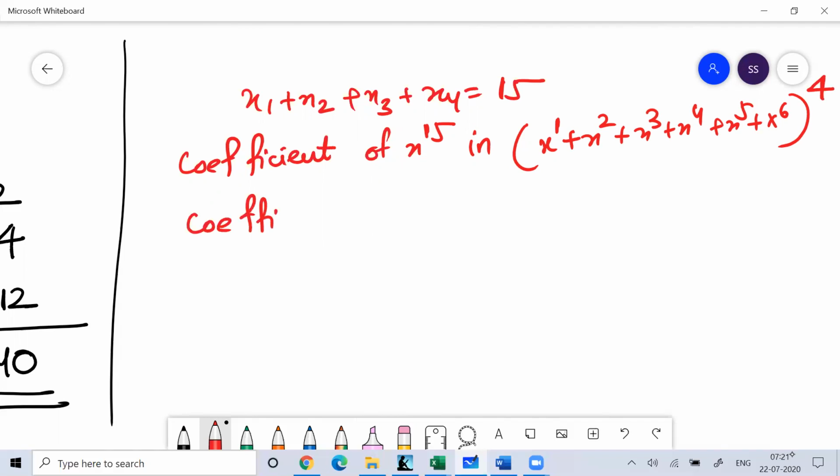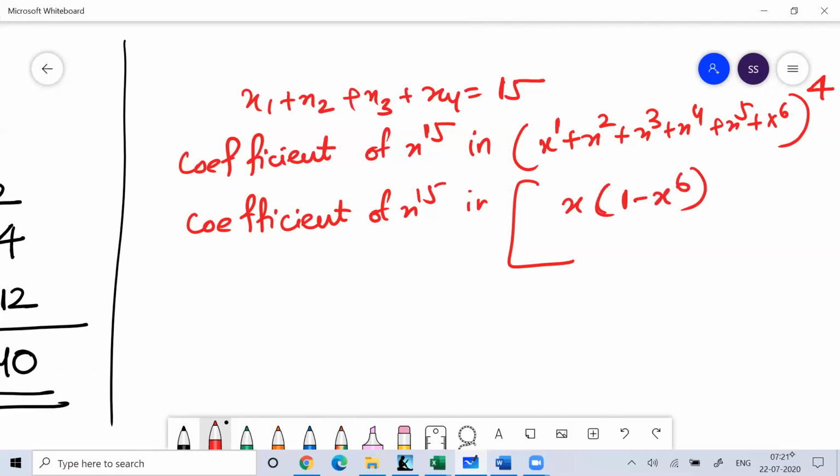To search the coefficient of x to the power 15, if you write it as a GP, this would be x times (1 minus x to the power 6) by (1 minus x), all to the power 4. This is a into (1 minus r to the power n) divided by (1 minus r).